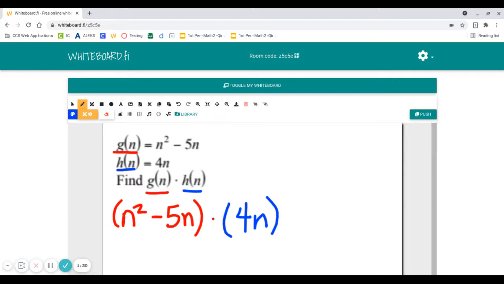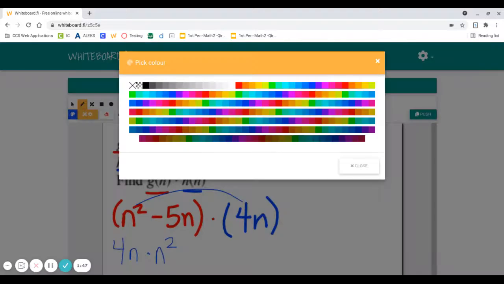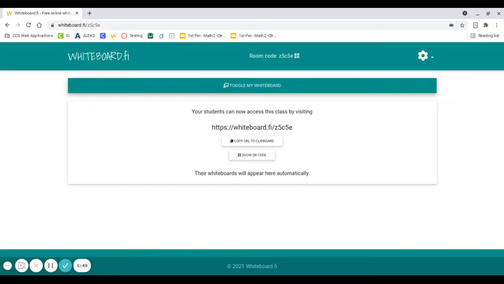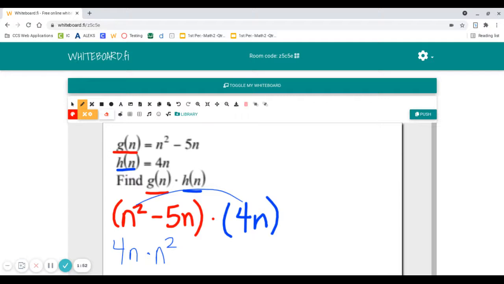So if we do 4n times n squared, the n squared is from the red.